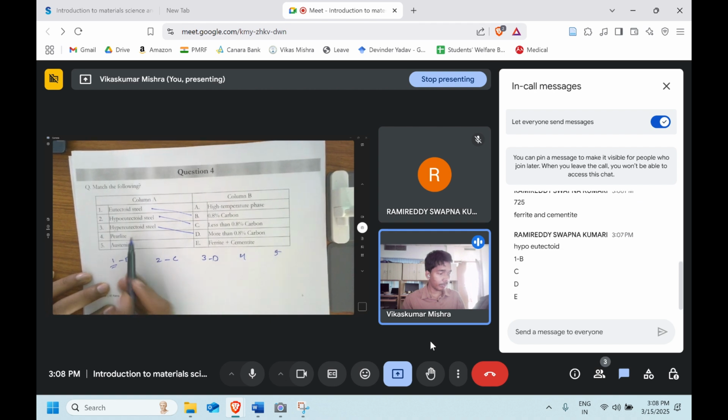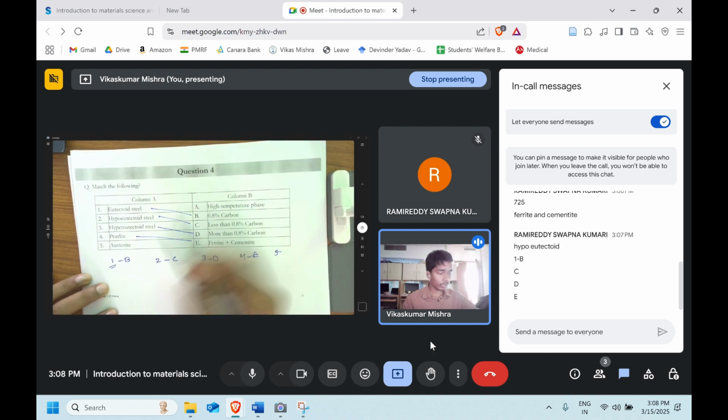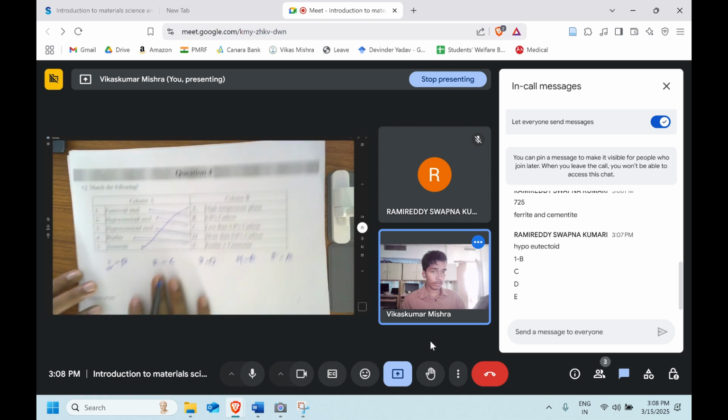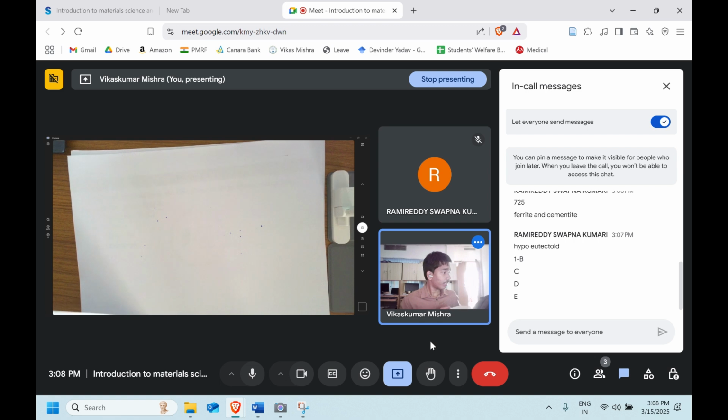And pearlite is a mixture of ferrite and cementite, which we have learned. And austenite is very easy, the only one left. Compared to the ferrite and the remaining things, it is a high temperature phase. It will match with A. Very good, Rami Reddy.